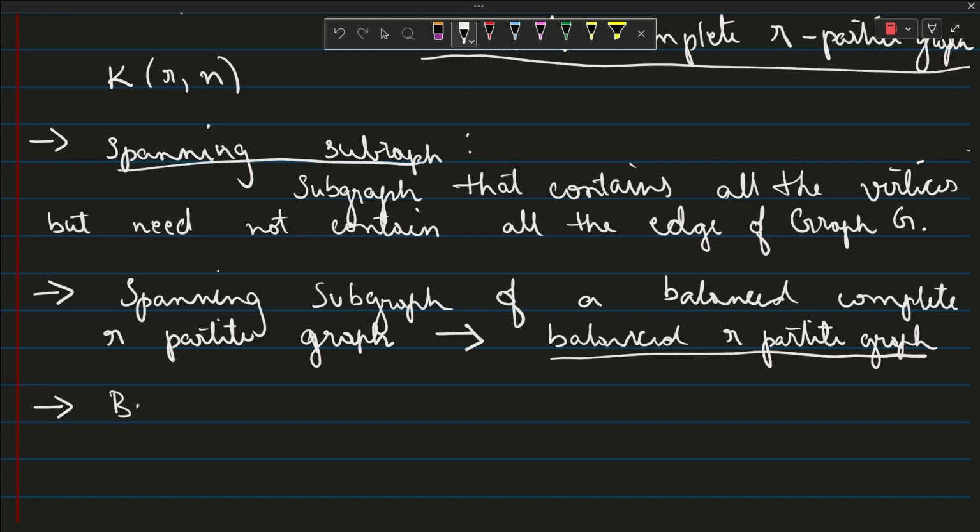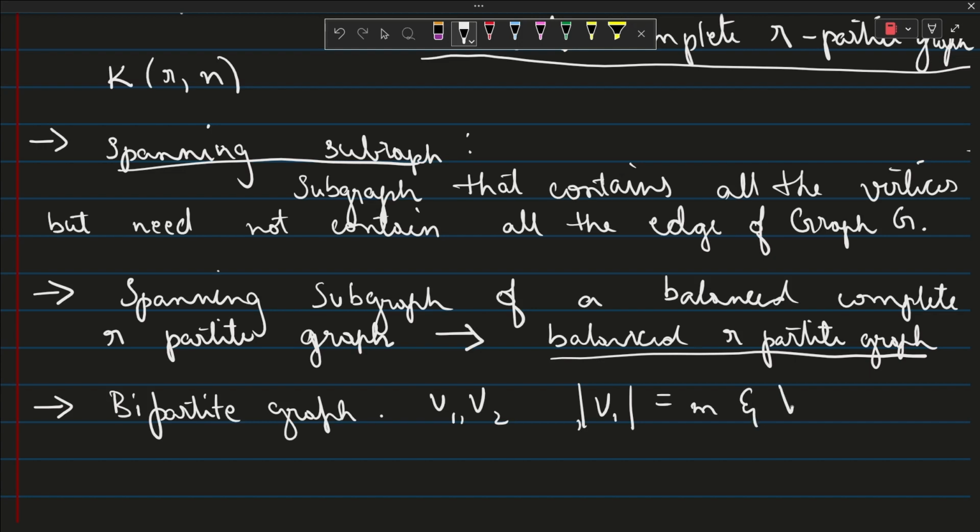So we have seen the bipartite graph. It has two partitions, V1 and V2. If the cardinality of V1, cardinality in the sense number of vertices, is m, and the cardinality of V2 is n, then this bipartite graph is denoted by K m comma n.